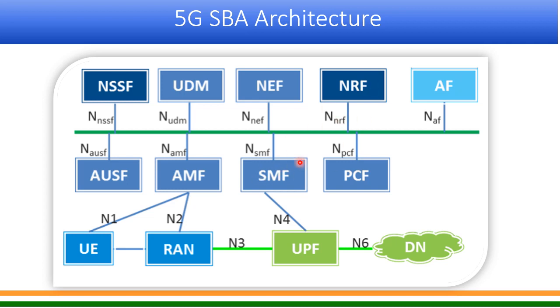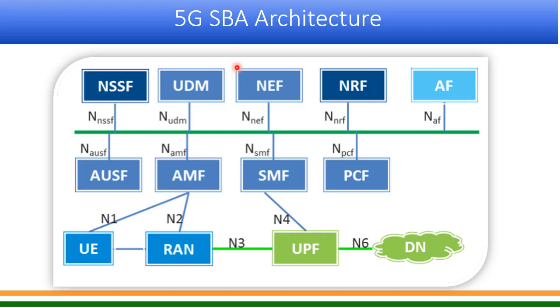Even for 5G, 3GPP has given a reference point architecture as well as a service-based architecture. But the network deployment which is happening across the world is actually service-based architecture.